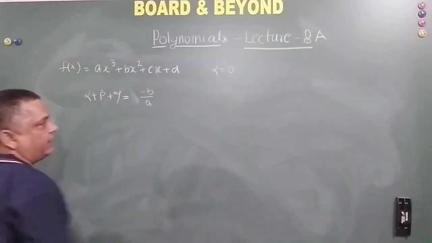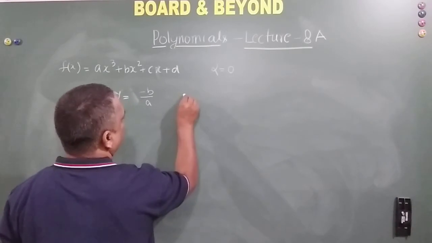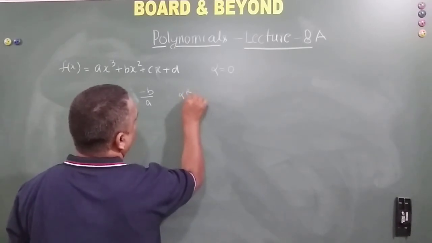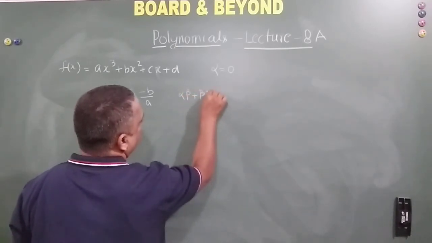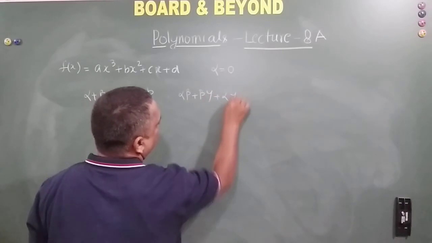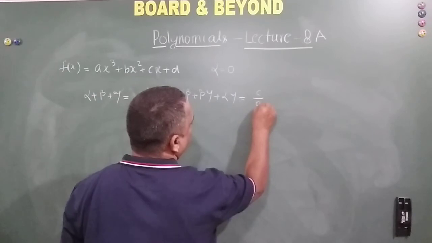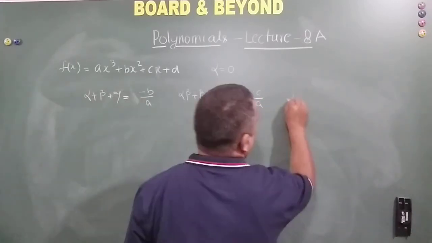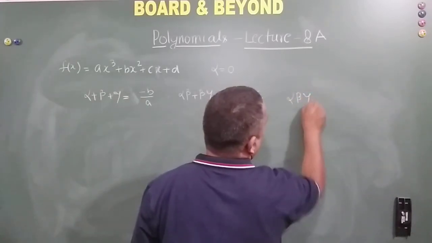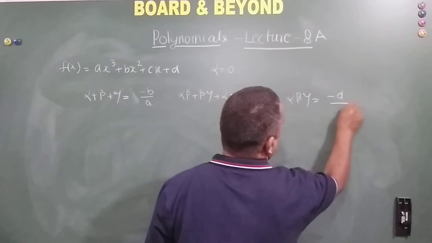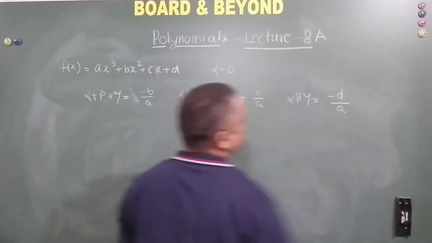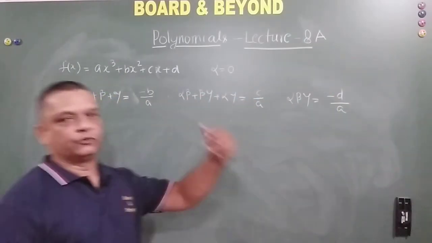You remember it, right? Just for your remembrance, alpha beta plus beta gamma plus alpha gamma is equal to how much? c by a. Alpha into beta into gamma is equal to minus d by a. Just for you to brush it up.